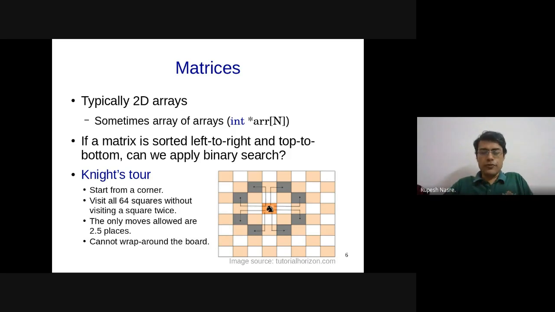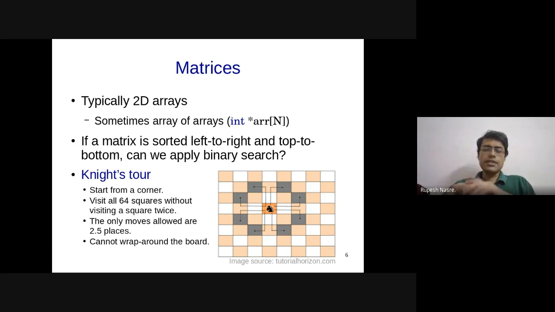So these are all legal moves, as we know in chess. If you take a central position on the chessboard, then there are 8 positions that this knight can go to, as indicated in gray. Of course, the number of positions will be smaller as you come towards the edge or the corner of the chessboard.